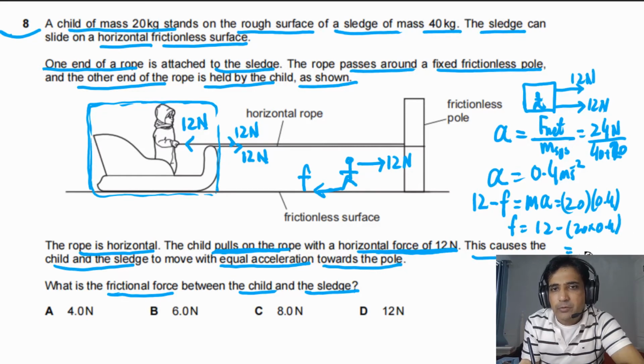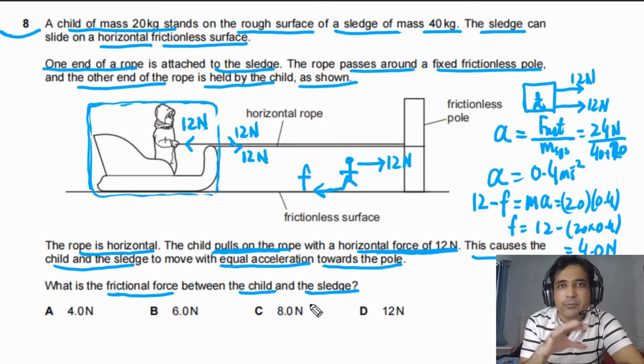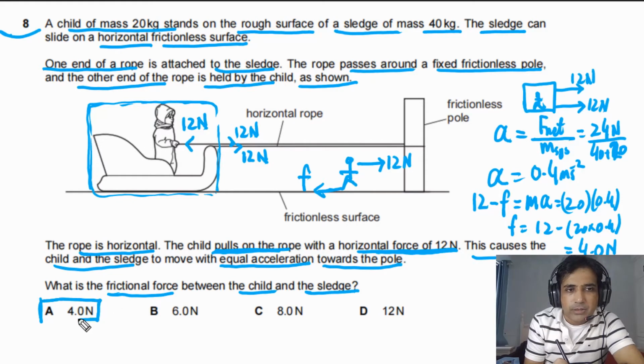The final answer in this case will be equal to 4.0 newtons. This is the force of friction acting between the child and the sledge, and the force of friction on the boy and the sledge is the same. So the answer for this question is A.